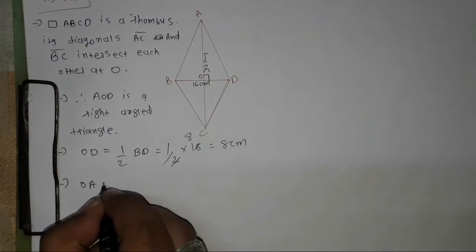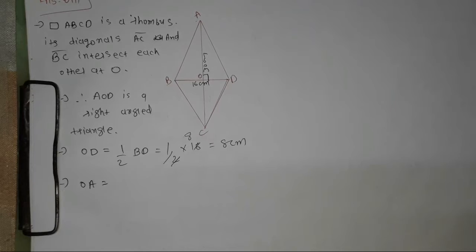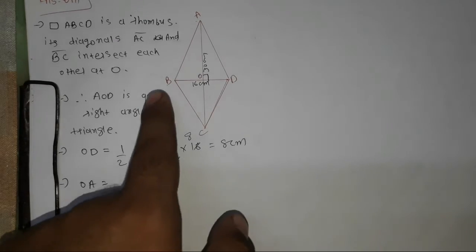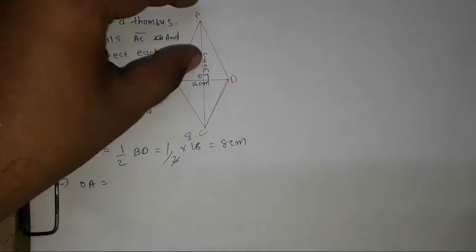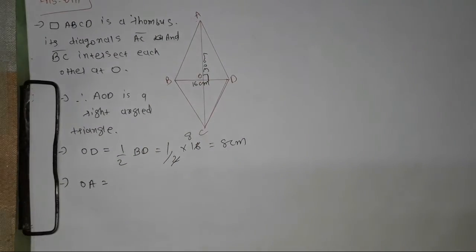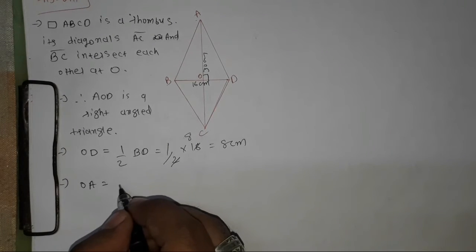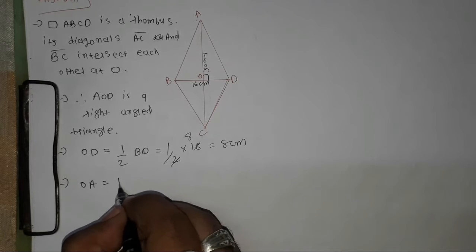Now for OA, similarly we will do the same thing. The whole line segment AC is divided into these two parts AO and OC. If I do AO plus OC, then I will get the full line segment AC. So I can write 1/2 AC, or AC divided by 2.